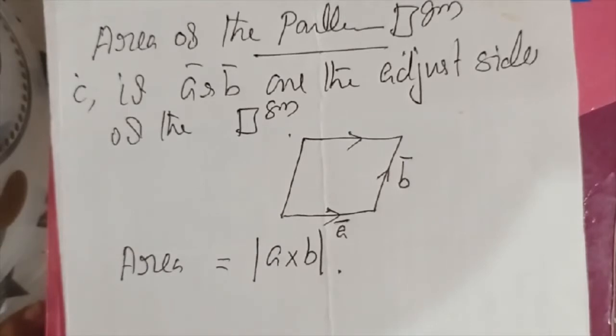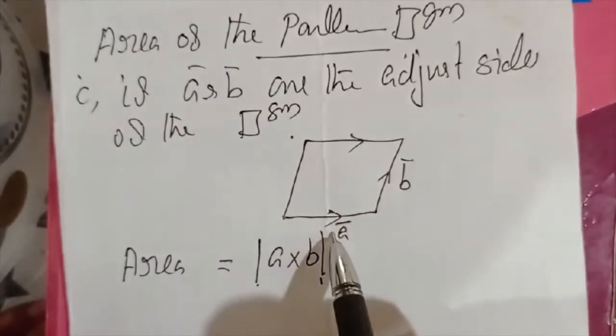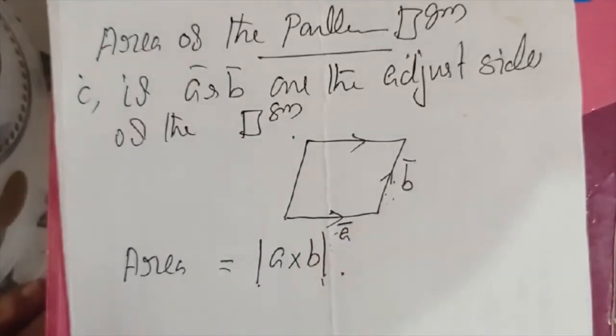This is one application type of problem, to find the area of the parallelogram. The condition is very important. Here A and B are the adjacent sides of the parallelogram.